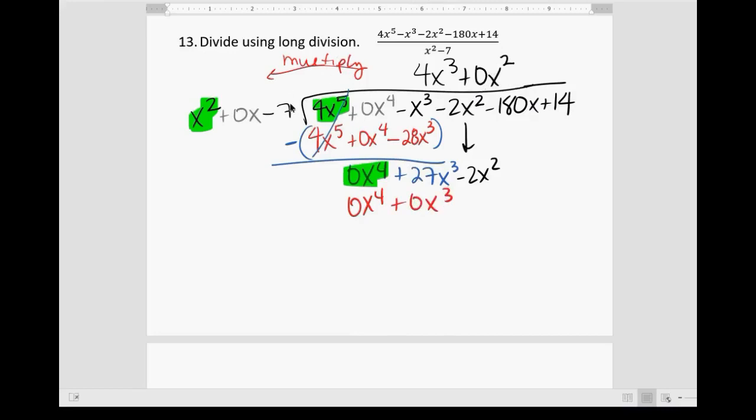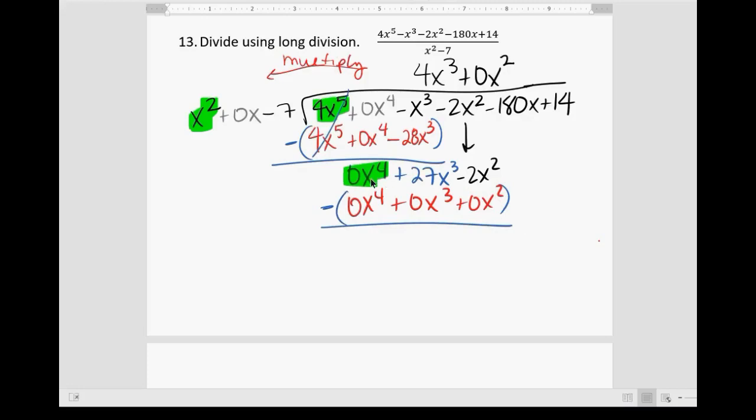And 0x squared times negative 7 is 0x squared. Now I know this may seem really unnecessary, but again, I like to write every step out because it helps me keep track of everything.